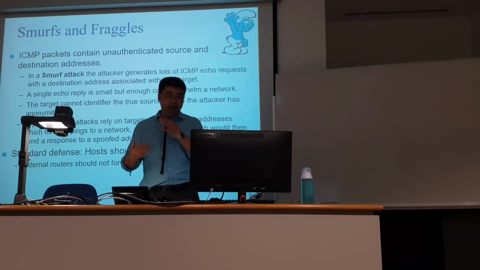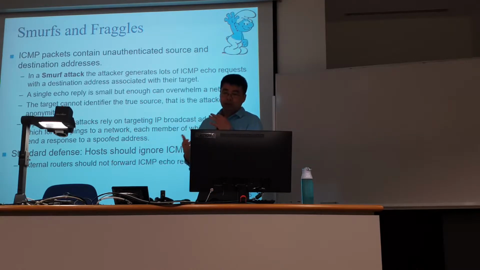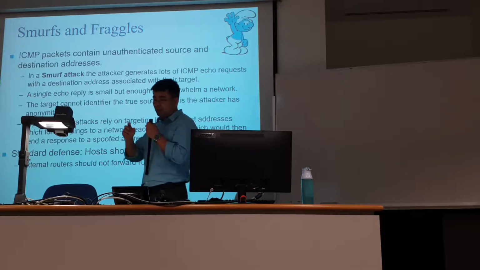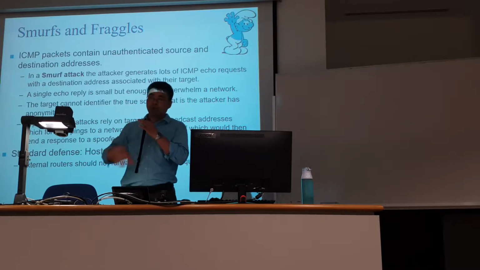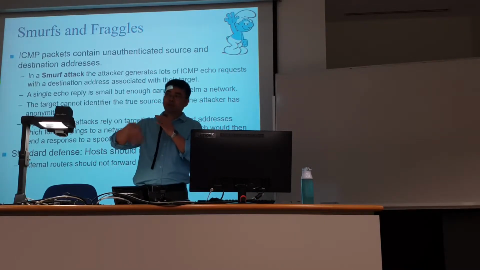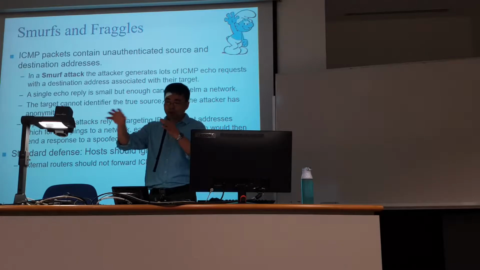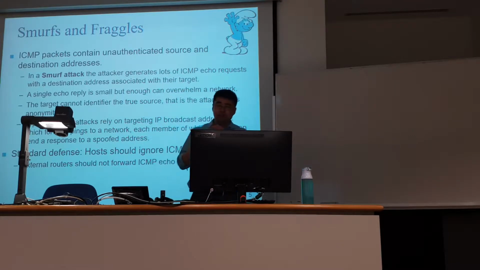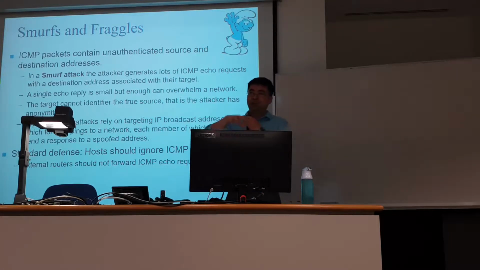Now if we combine this echo request together with the broadcast address, then we can create a denial of service attack. You can send a request to the broadcast address of the network, and then all the machines will respond because you are sending a ping request to the broadcast address.